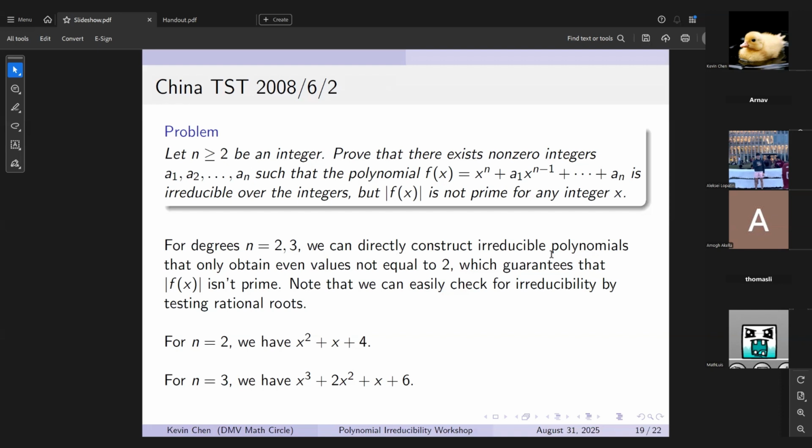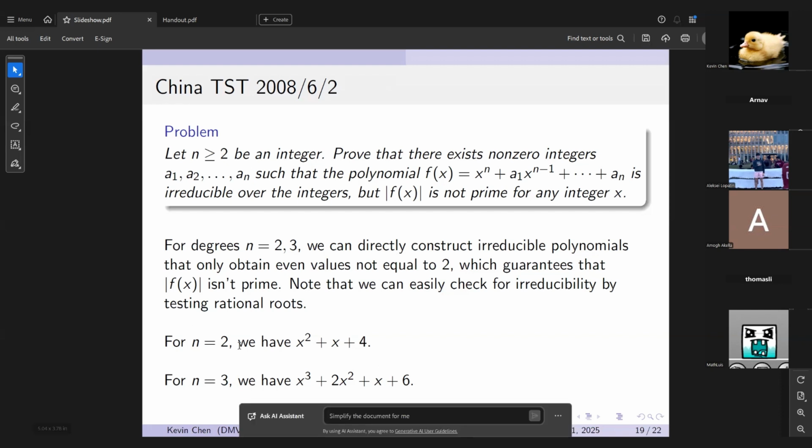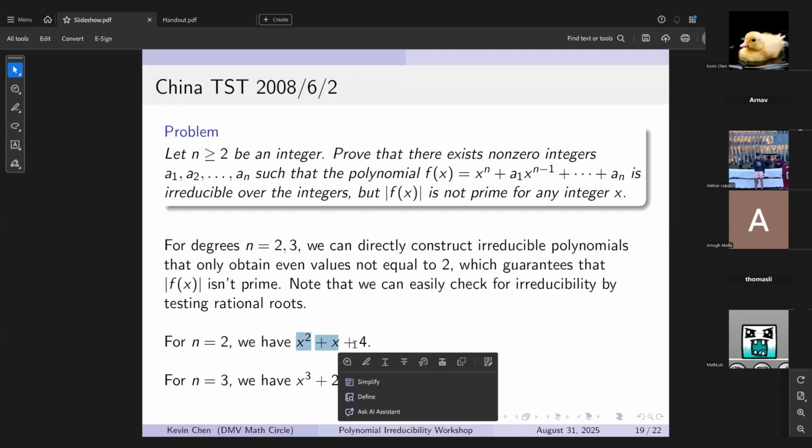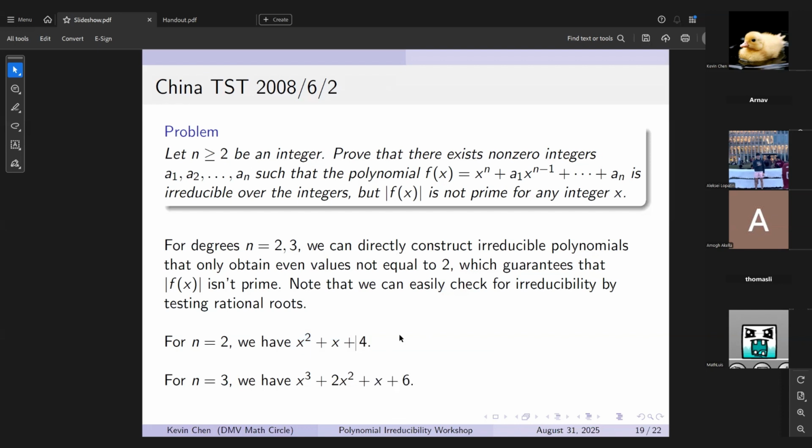And for n equals 2, we have the construction x squared plus x plus 4. It obviously only obtains even values, because if x is even, then the whole thing is even. If x is odd, then x squared is odd, x is odd, odd plus odd is even, and then plus an even, it's even.